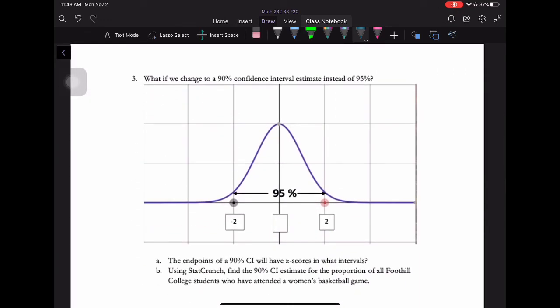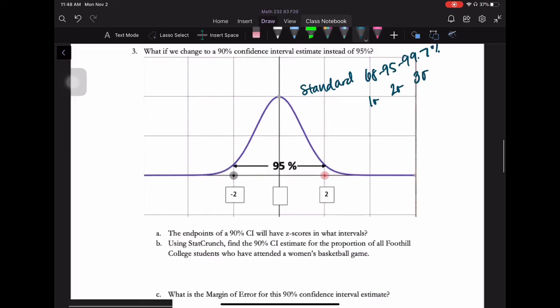Okay, well, what if we change to a 90% confidence interval estimate instead of 95? Well, we know from the standard Z distribution, the 68, 95, 99.7% rule, that 68% fall within 1 standard deviation, 95 fall within 2, and 99.7 fall within 3. Well, we have to figure out what endpoints will have z-scores in what interval.